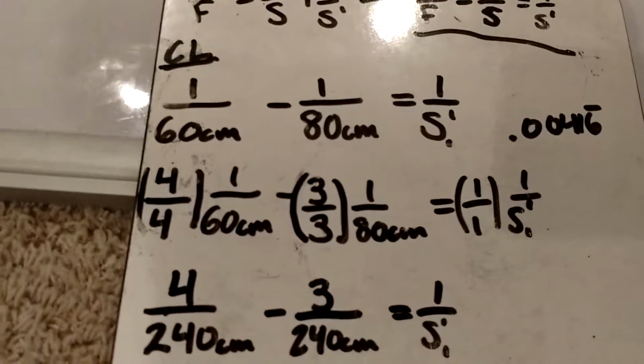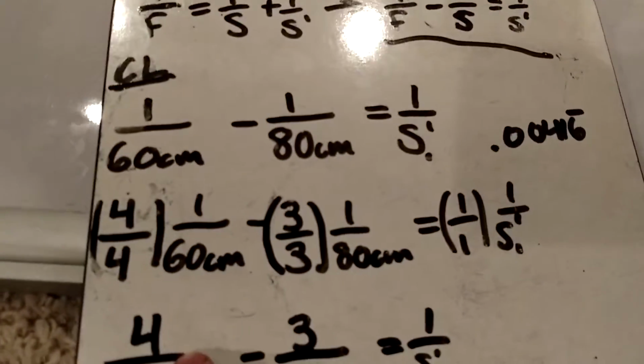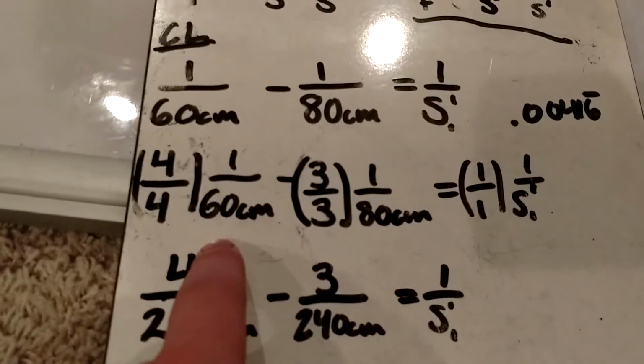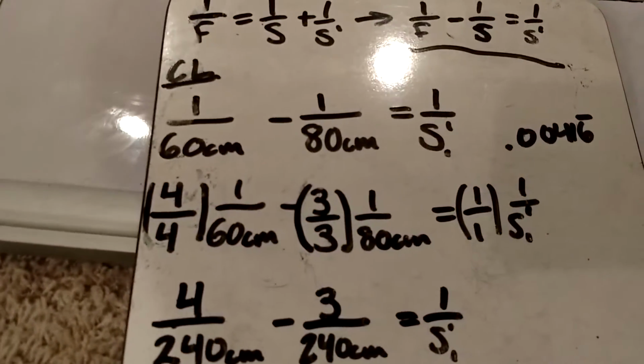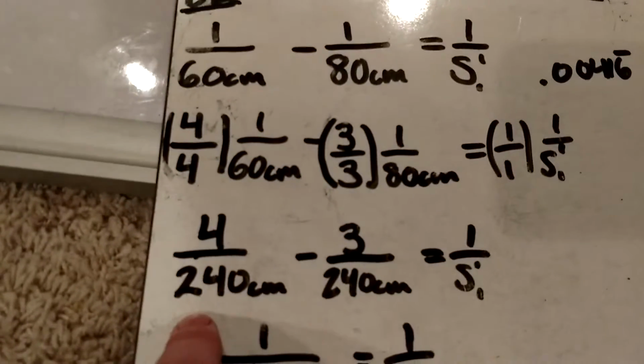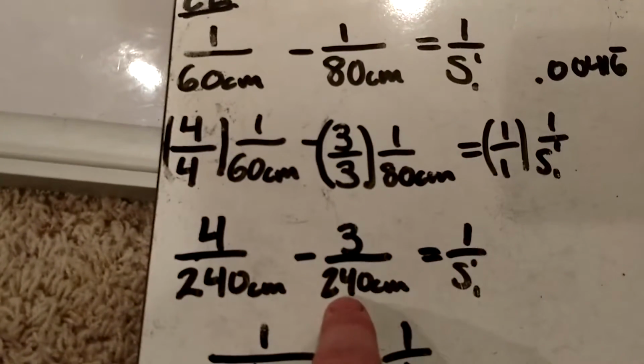Having these two numbers in common, of course, when you multiply the bottom, you have to do the same thing to the numerator, which leaves us with 4 over 240 minus 3 over 240.